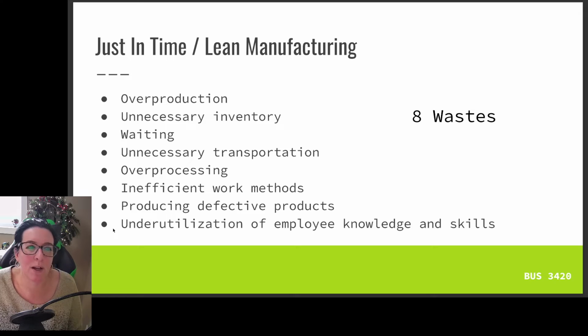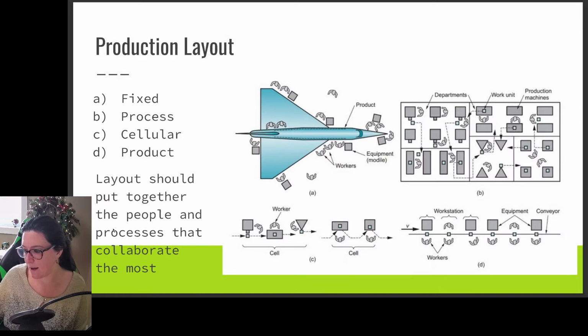We also look at our processes and the work in process that we have. So if we're doing a design, let's say here we've talked about production layouts before. One of the challenges with a process layout, that's the one you see in B here, is that there is a lot of work in process because we are moving the work product.